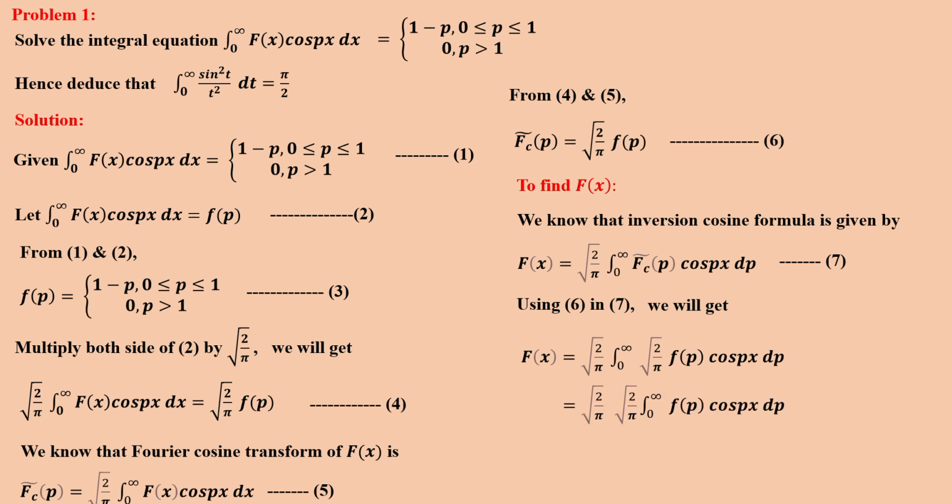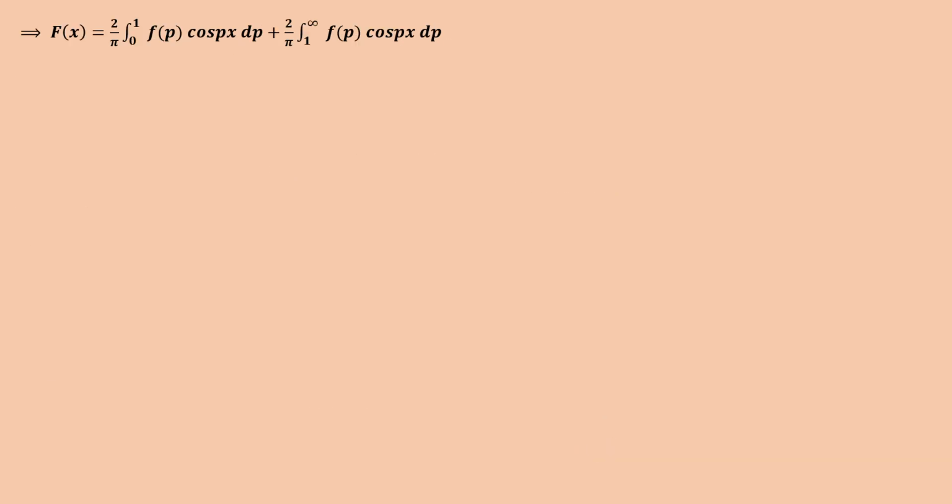Root 2 divided by pi is a constant, so take it outside the integration. Multiplying both, you will get 2 divided by pi integral 0 to infinity f of p cos px dp. That implies F of x is equal to 2 divided by pi.